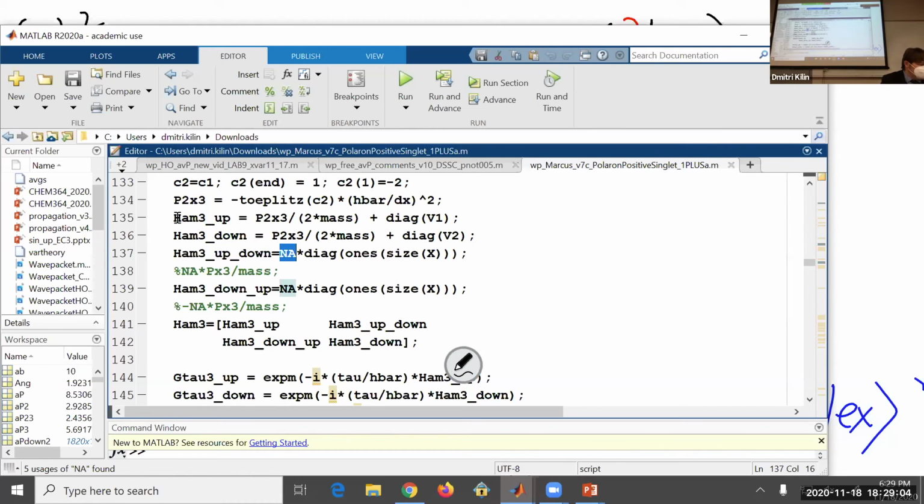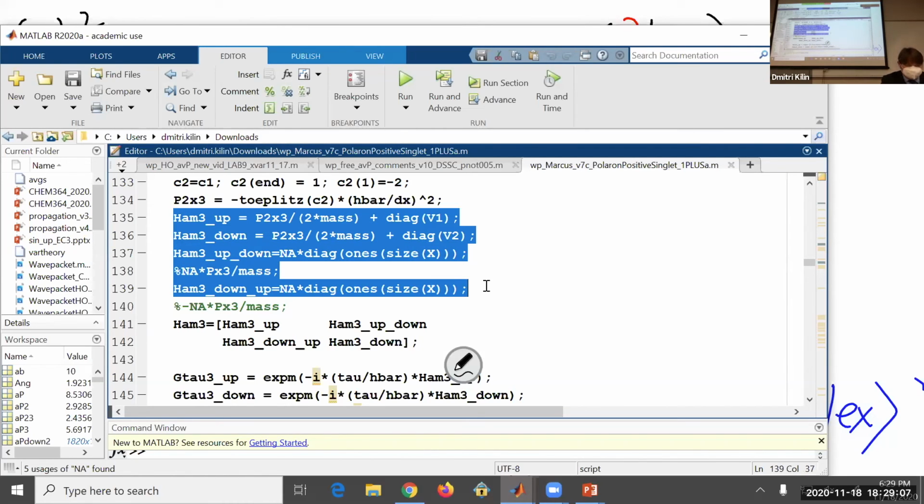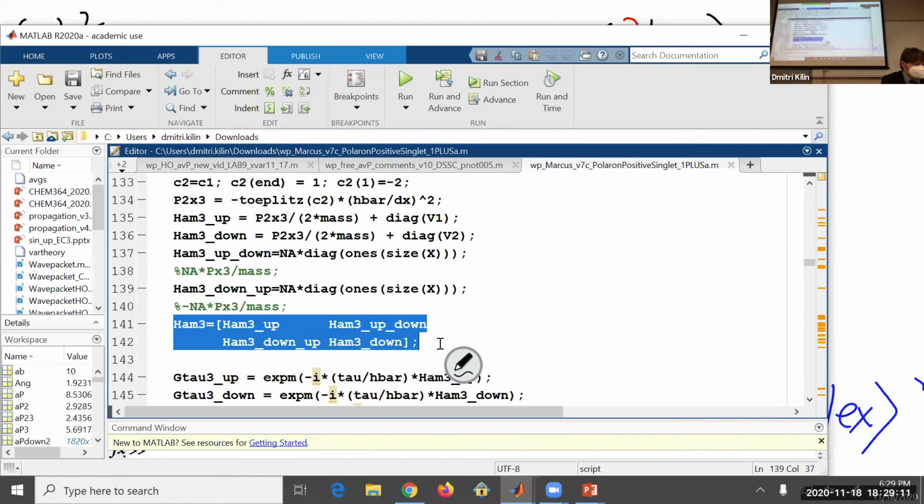Okay, now we do have the four components of the matrix, right? And we are combining them into the supermatrix in the block diagonal block form. So up and down, down.